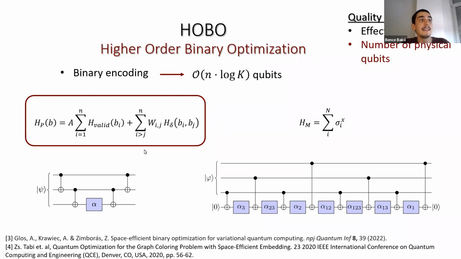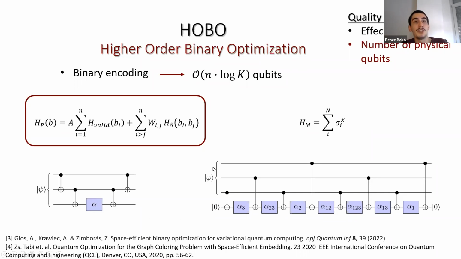But in both parts of the Hamiltonian, we have not only 2-local, but higher order interactions. And there are multiple ways to implement these. Let's say if we have a ZZZ interaction, then it can be implemented with 4 CNOT gates and a Z rotation.